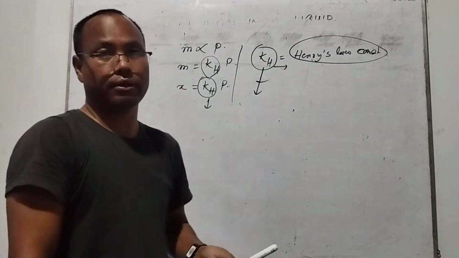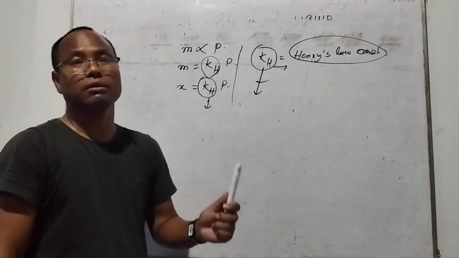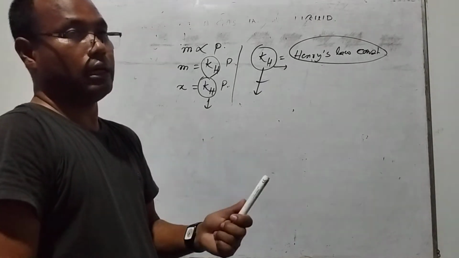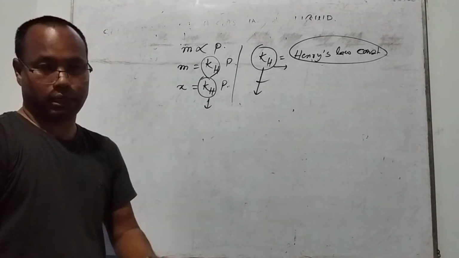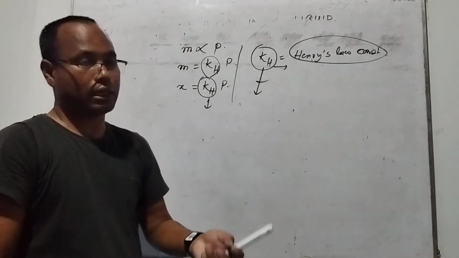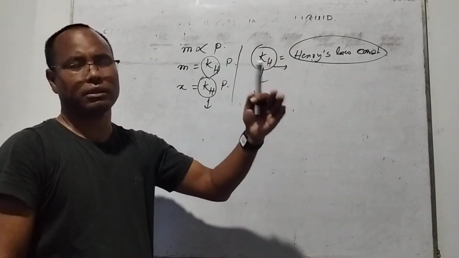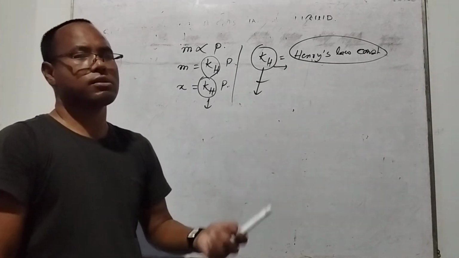Don't forget, right? Let me repeat it once again. The solubility of a gas increases with a decrease in the KH value. For example, helium's KH value is much higher than that of oxygen, carbon dioxide, and sulfur dioxide.